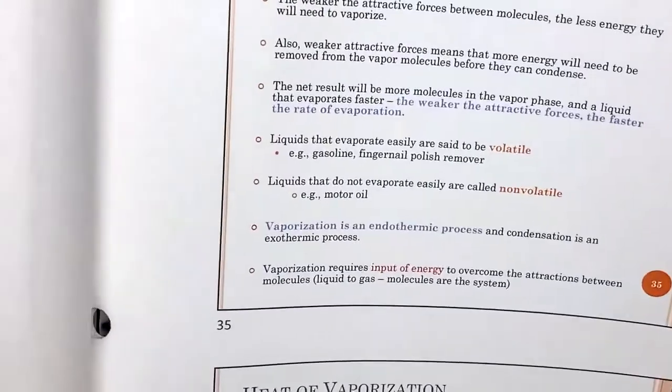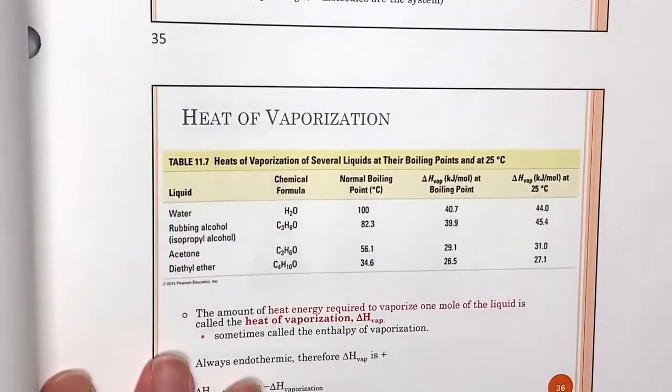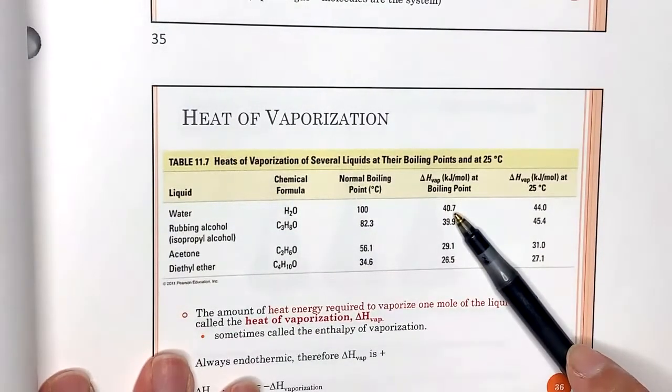So while we're at it, we want to take a look at the vaporization energy. I want to show you how we can calculate it. So here's one problem that we can do together, just real quick. And then after that, I need to show you some examples. So it says here, let me zoom out a little bit.